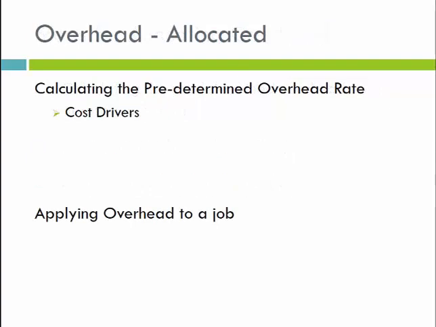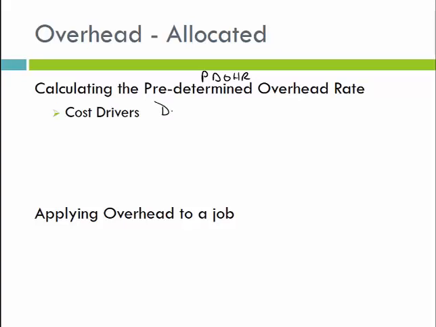So the first step in that is to calculate that predetermined overhead rate. So for this you need a cost driver. And this is, again, accountants very clever with their names. The cost driver should be the thing that's driving your costs, okay?